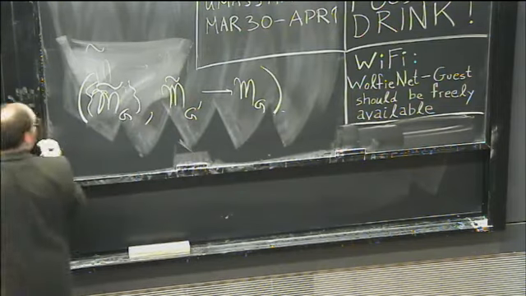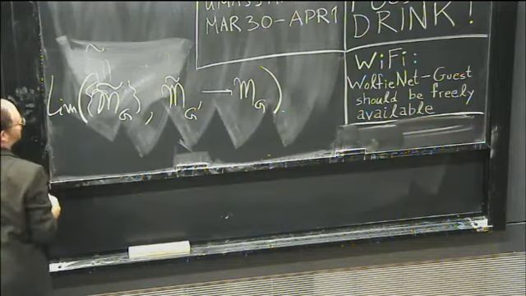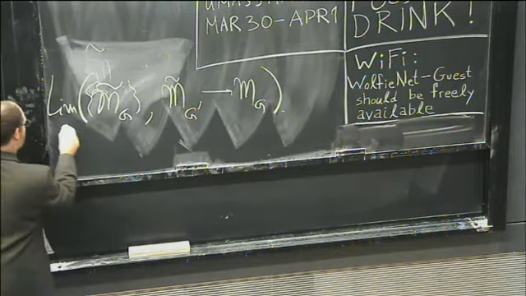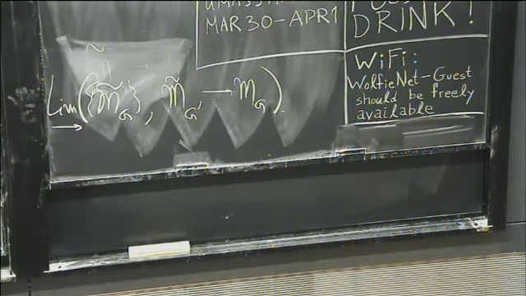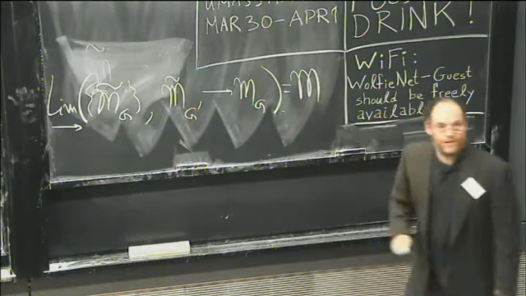And I can take the limit of this huge diagram. This is a direct limit, so the right word, I guess, is colimit. If I take the colimit of this diagram, this is the moduli space of tropical curves.